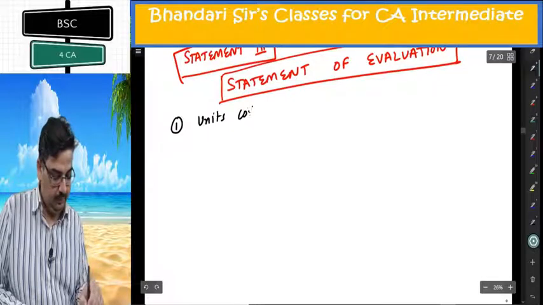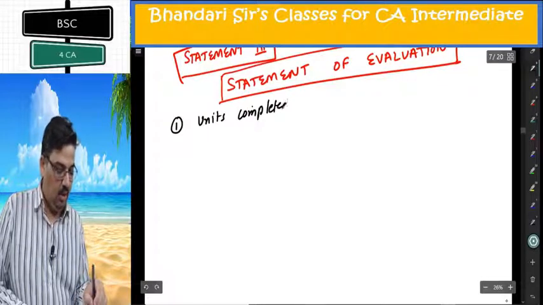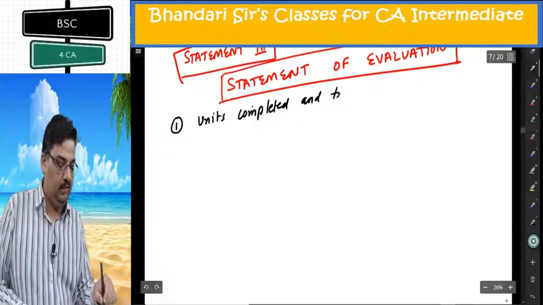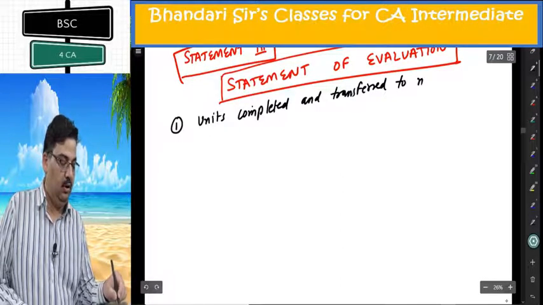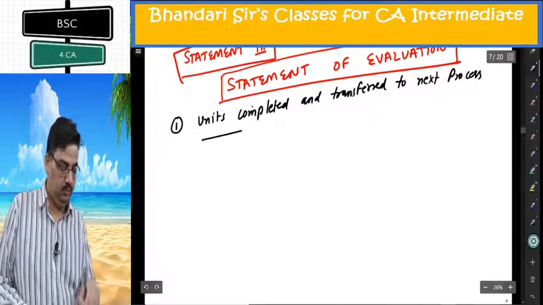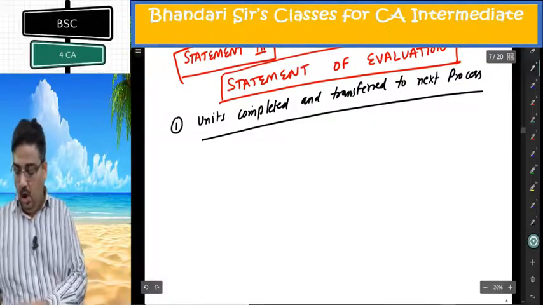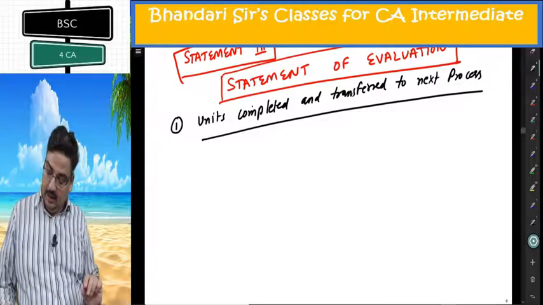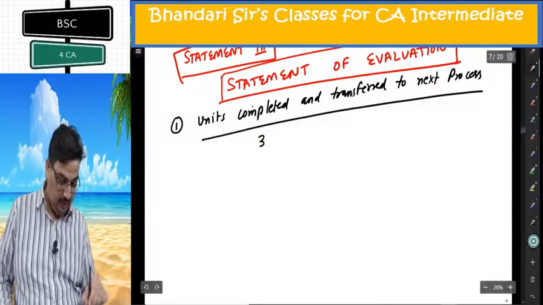Units completed and transferred to next process. How many units were completed and transferred to next process? 35,000 units.